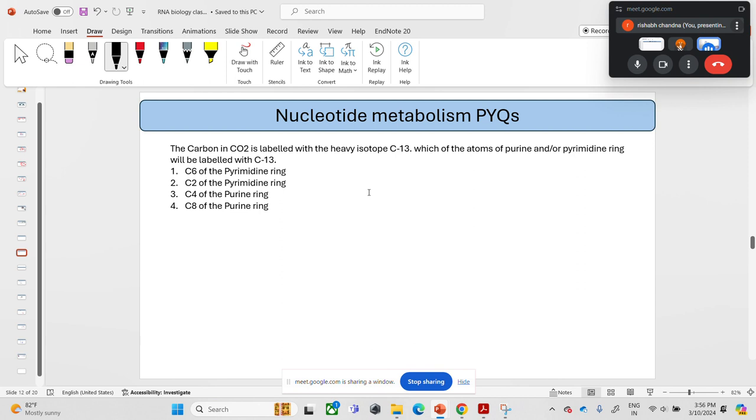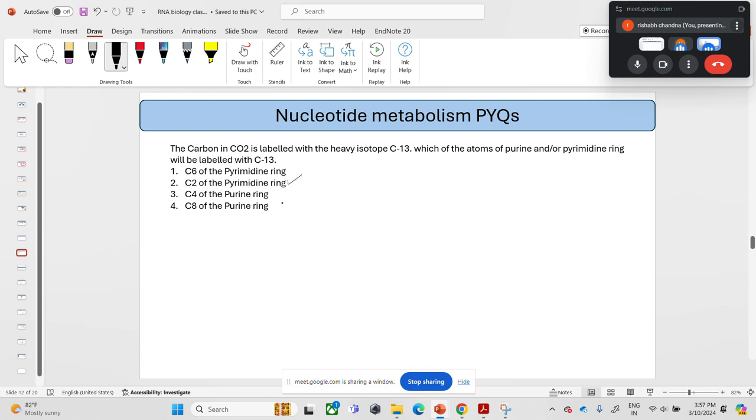Just think and answer. Sir, option B. C2 of the pyrimidine ring.